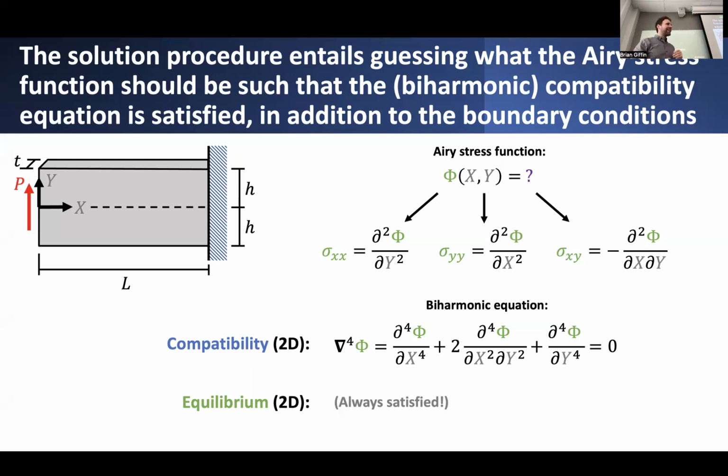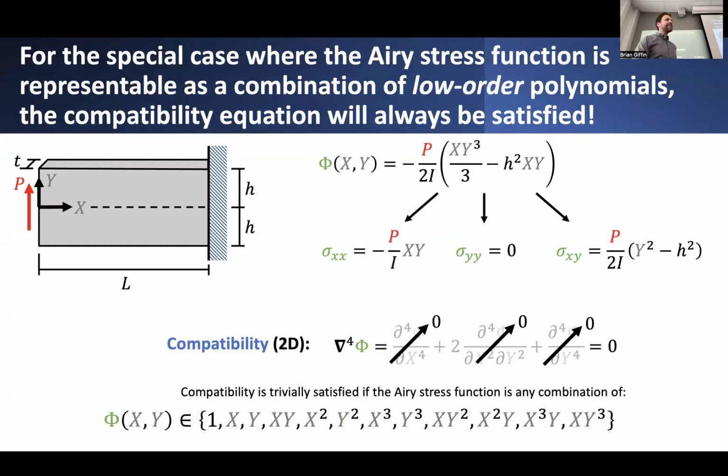And then given that guess, we can take derivatives of that assumed form for the Airy stress function to get the other stress components. And then we can go through and verify compatibility and enforce our boundary conditions on the stress in order to make particular that generic form for the Airy stress function that we've postulated. And we did that last lecture, so I won't go through all the details.